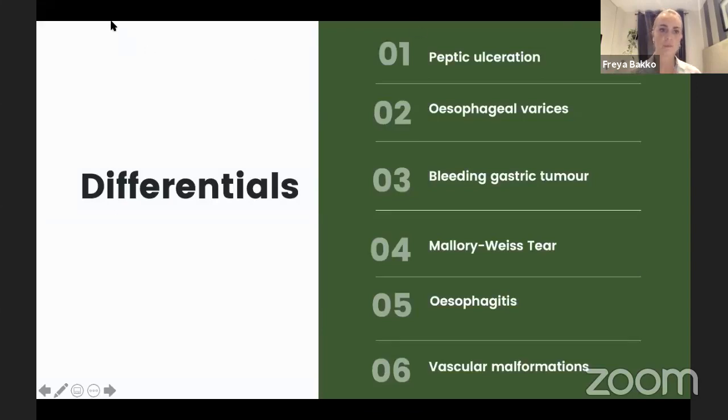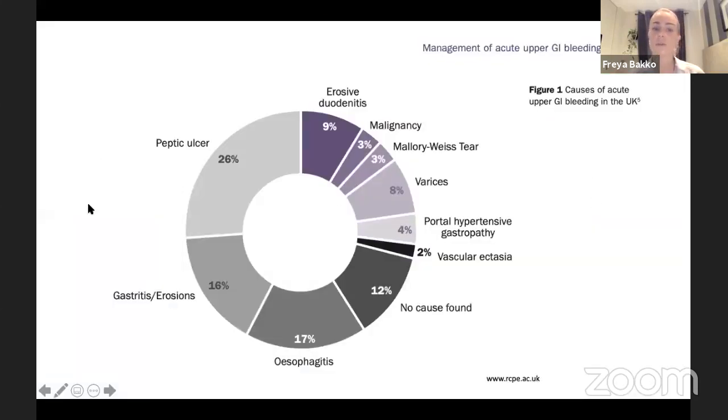Okay, so what are the differentials for an upper GI bleed? Peptic ulceration, esophageal varices, bleeding gastric tumours, Mallory-Weiss tears, esophagitis, and vascular malformations are all the most common causes of upper GI bleeds. The most common cause in the UK is peptic ulcer disease.